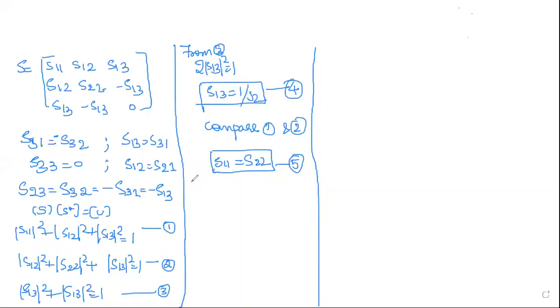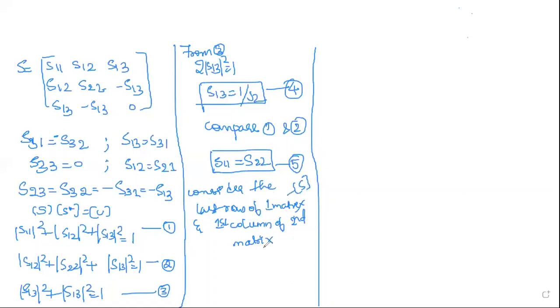In the S matrix, consider the last row of the first matrix, that is the S matrix, and the first column of the second matrix, that is S star, which you have written.